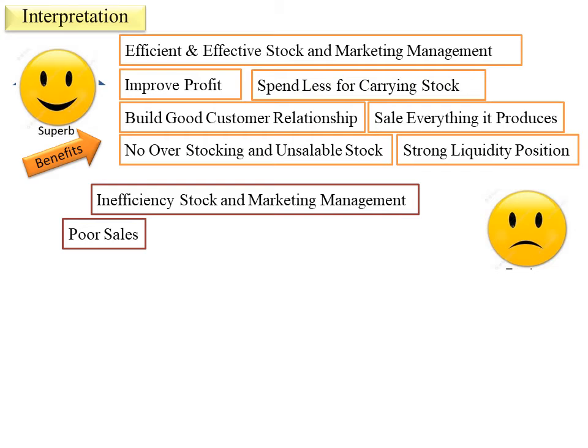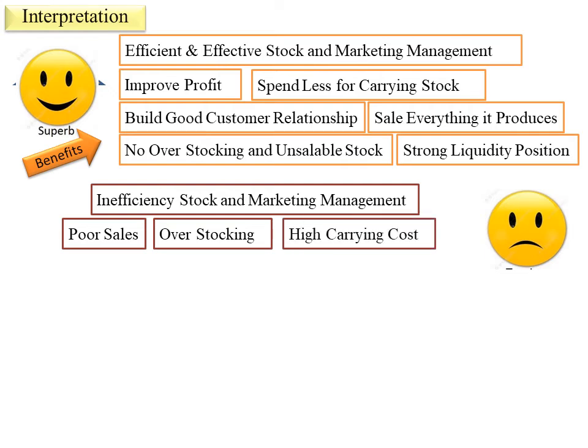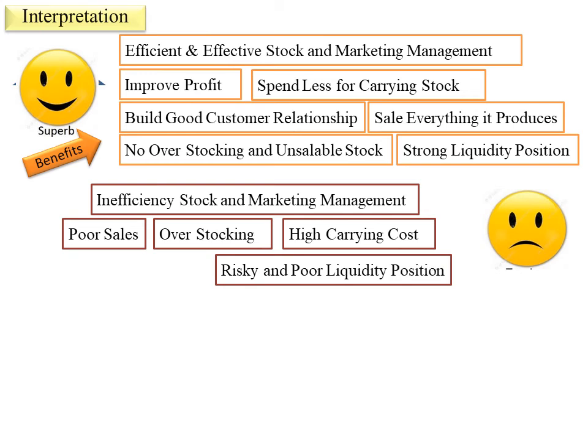It also shows that the firm is holding excess stock, resulting in high carrying cost. A low ratio denotes a risky and poor liquidity position, as cash will be blocked in stock, which includes slow moving and unsellable items. As a result, such a firm may experience a huge decline in profit margins.